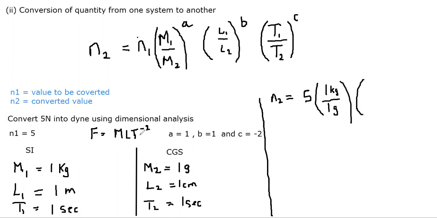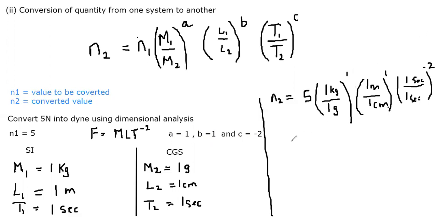Then L1. L1 is 1 meter, and then 1 centimeter. Then T1 is 1 second, and T2 is also 1 second. Now A, B, C: A is 1, B is 1, and C is minus 2. So I put all the values.